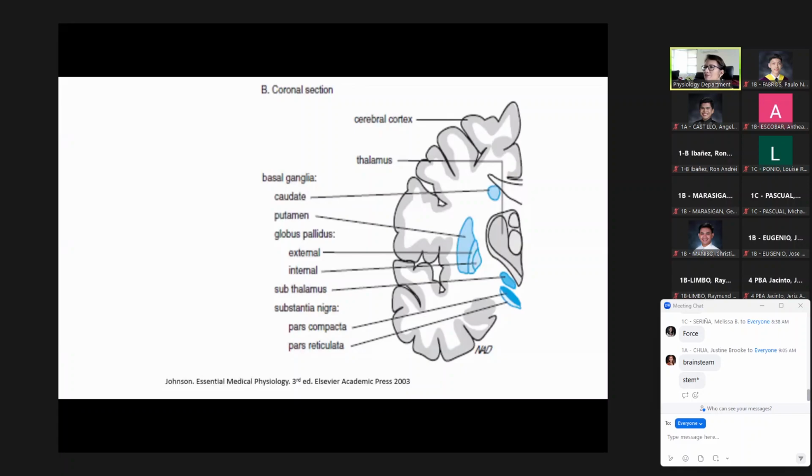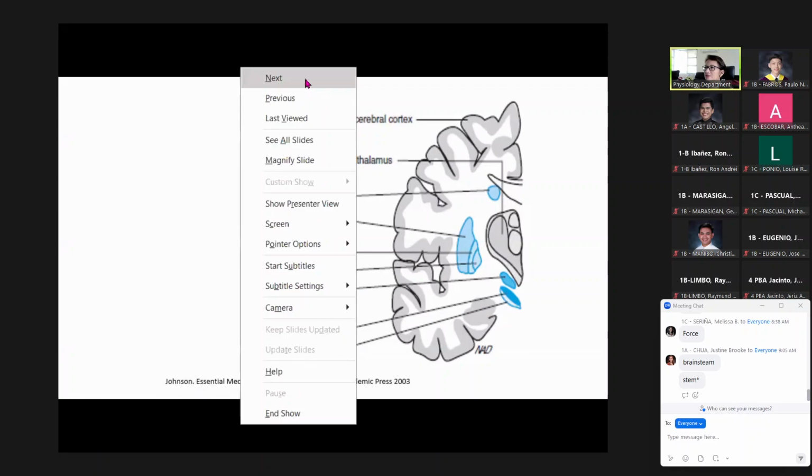Some books say this is a misnomer because this should be named basal nuclei, since it's within the CNS. So it's composed of your caudate, your putamen, your globus pallidus. You also have your subthalamus and your substantia nigra.